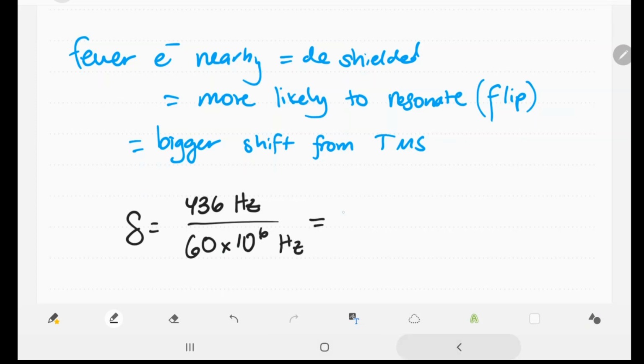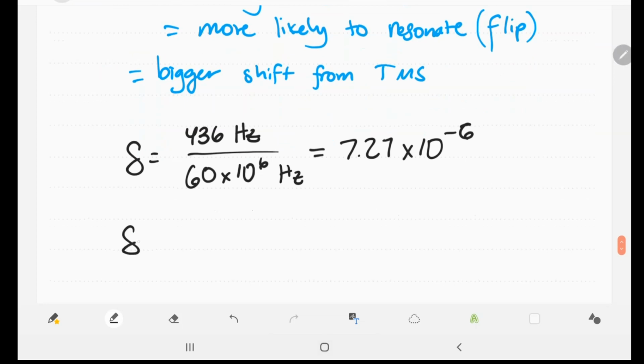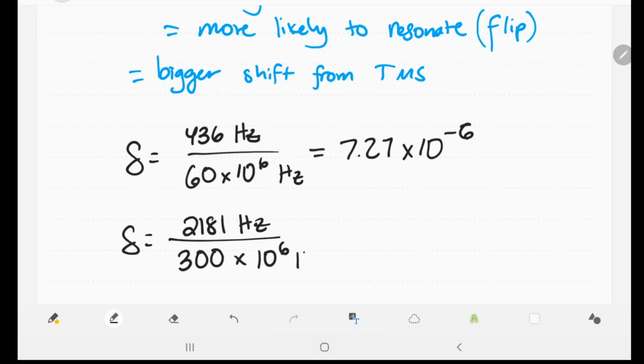You do that, you get a unitless quantity. But that's the value you get. If you're doing this in a better instrument, you'll have more frequency, right? The more frequency you have, the more you're going to affect this. You'd get that, and notice you get the same value.